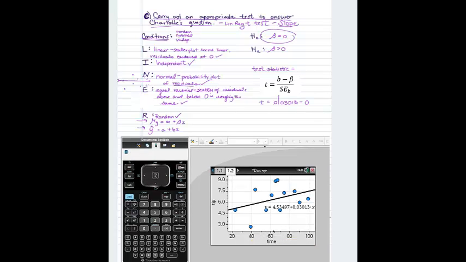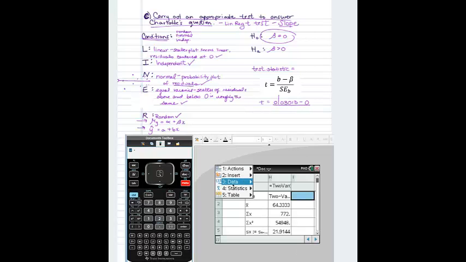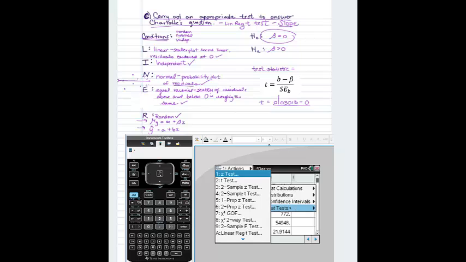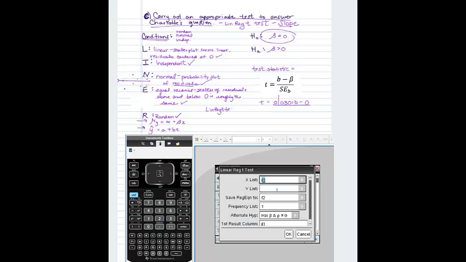So we're going to put a 0 in there. For the standard error of the slope, if you do a linear regression t-test, there's a column where it will come out, b, I believe.